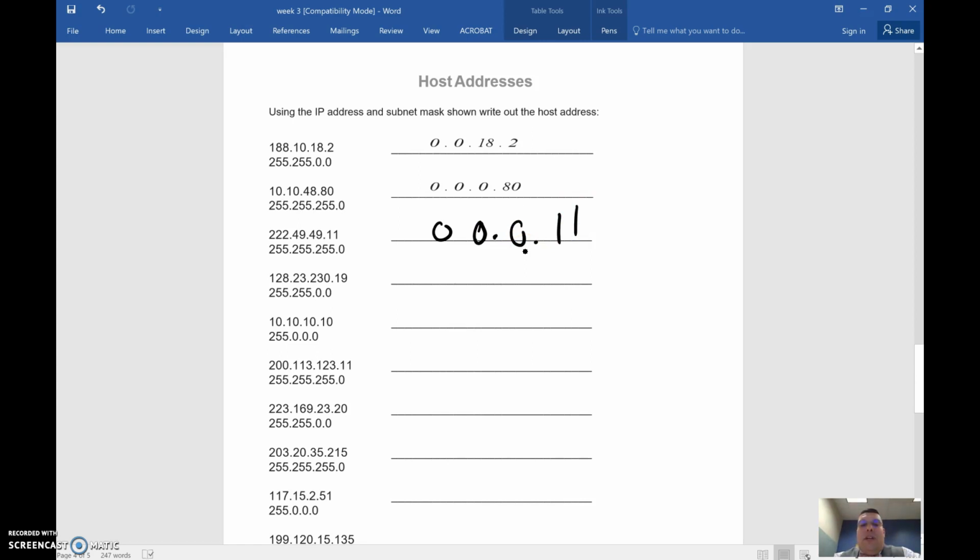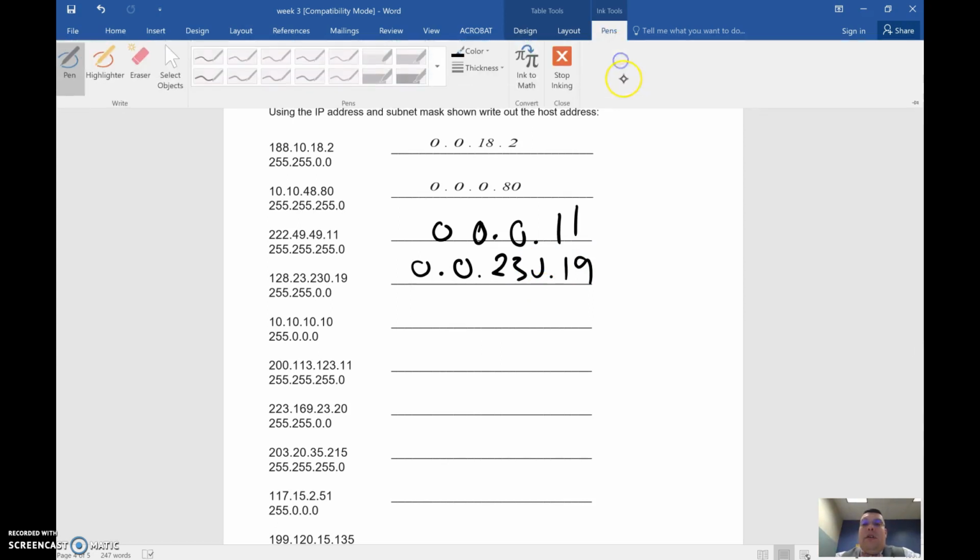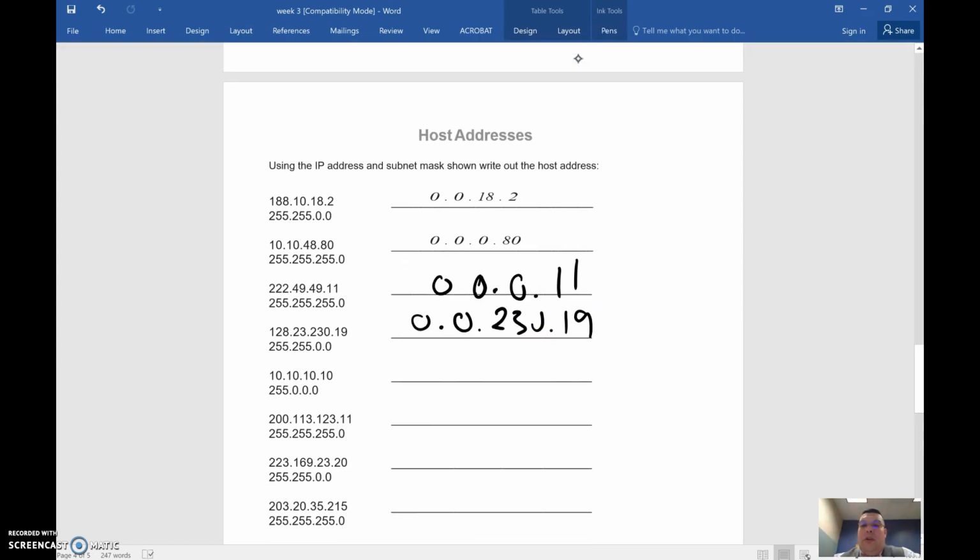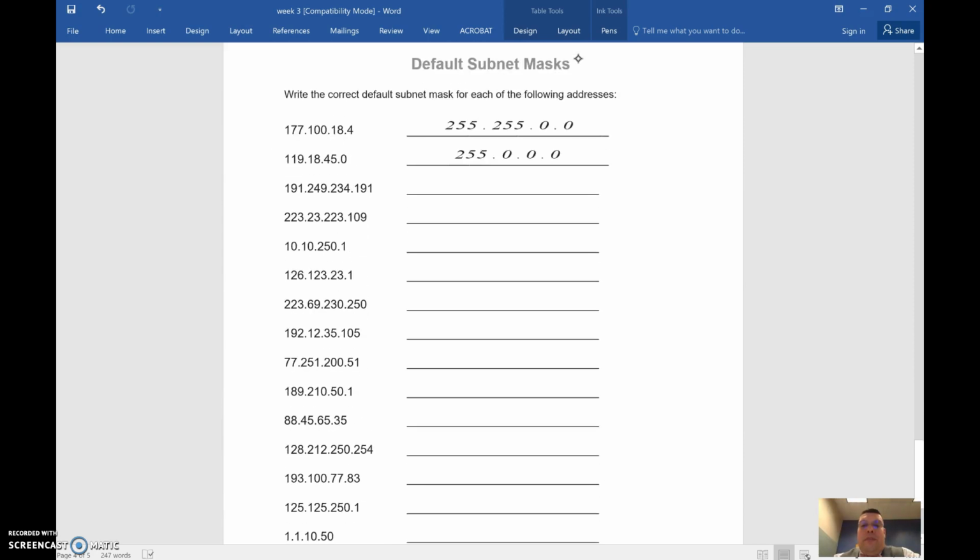With the next one, 128, a Class B, verify that the subnet mask is a Class B subnet mask, and say this belongs to the host. That one's rather easy. It shouldn't be too difficult to complete.